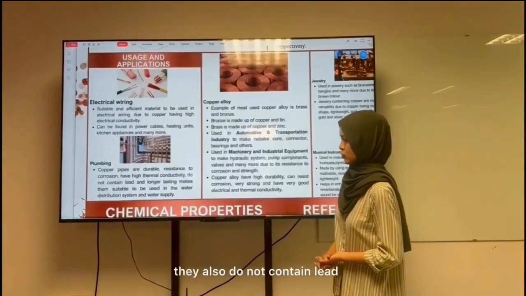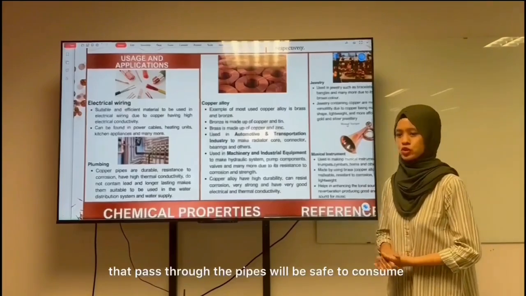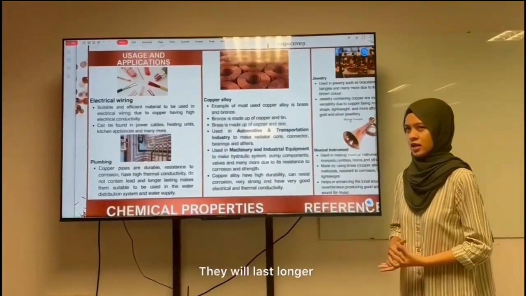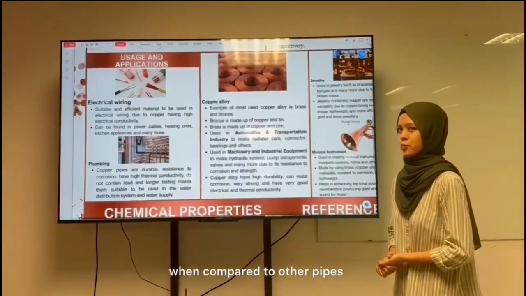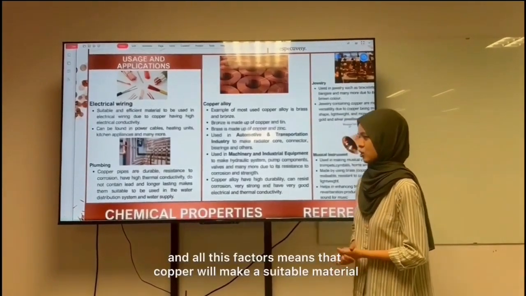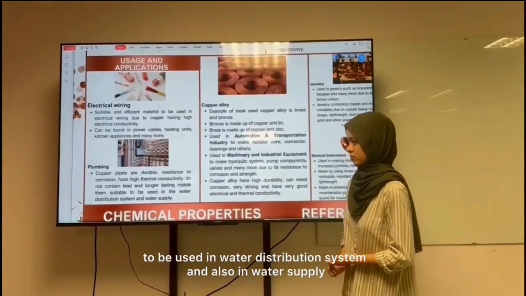Other than that, they also do not contaminate, meaning the water that passes through the pipes will be safe to consume. And next is that they are longer lasting. They will last longer when compared to other pipes. All these factors mean that copper is a suitable material to be used in water distribution systems and also in water supply.